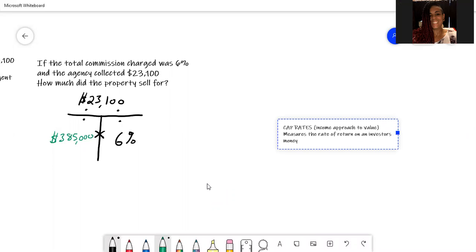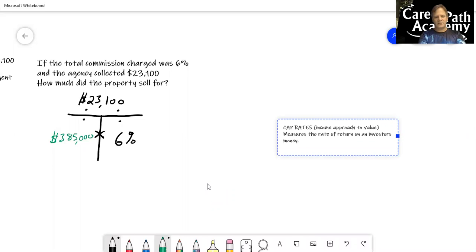So if you guys get a question that's like, a property is listed for sale for $400,000.